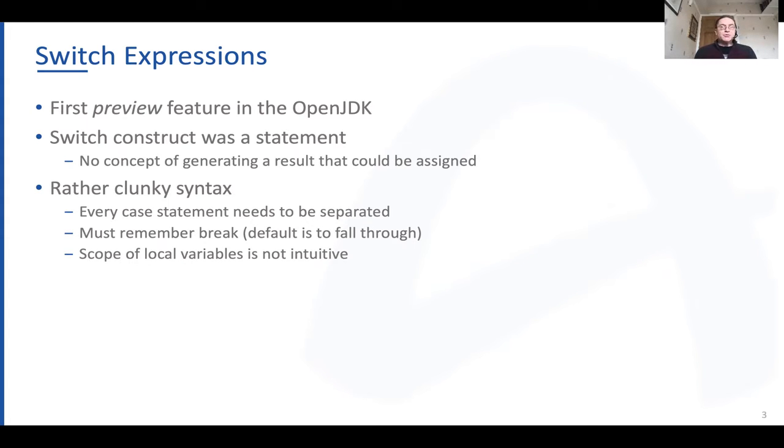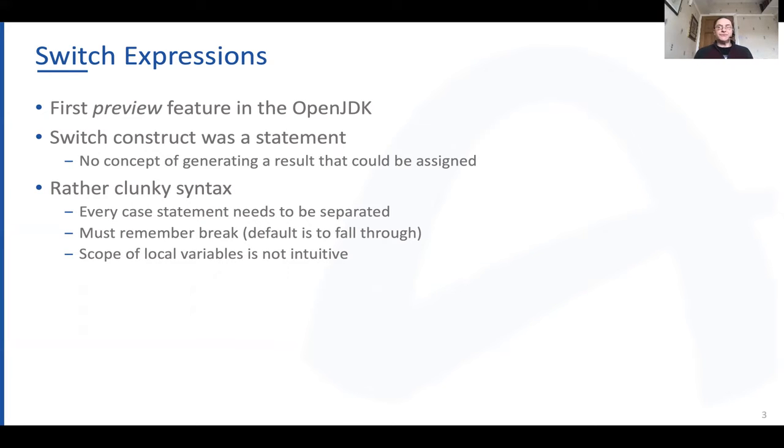The reason behind this was that if you look at the switch statement, which we've had right from the very beginning in Java, there are a number of things which make the use of a switch statement a little bit more tricky and potentially error prone than would be ideal.